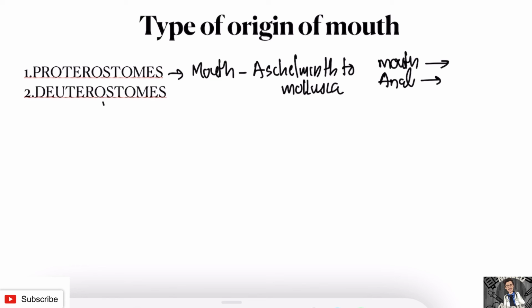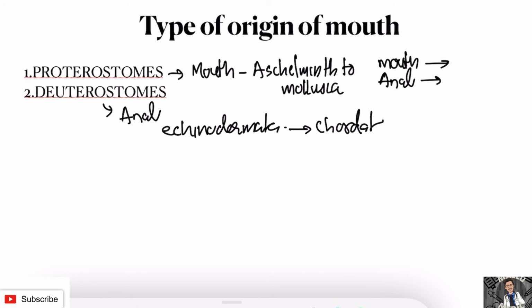Now, the rest of them fall under the category deuterostomes. Here, the anal opening was developed first and then the mouth was developed. So the rest of the organisms, extending from Echinodermata to Chordata, are deuterostomes.